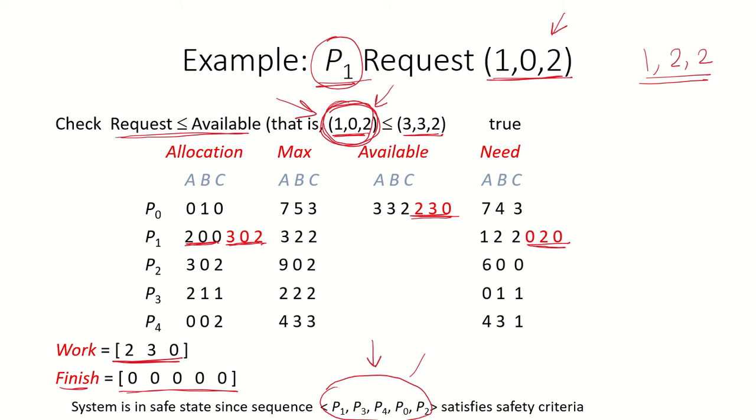That means all processes can be given resources if this request of P1 is considered. Since we have found this safe sequence, we can grant this request of P1. So the resources that P1 requested will be allocated to P1.